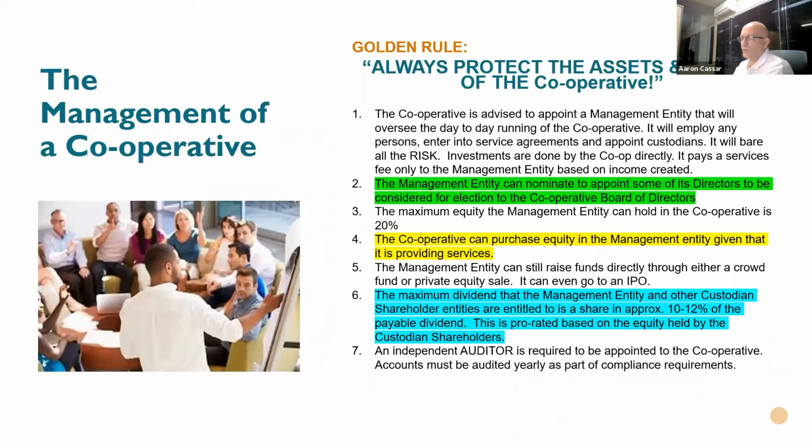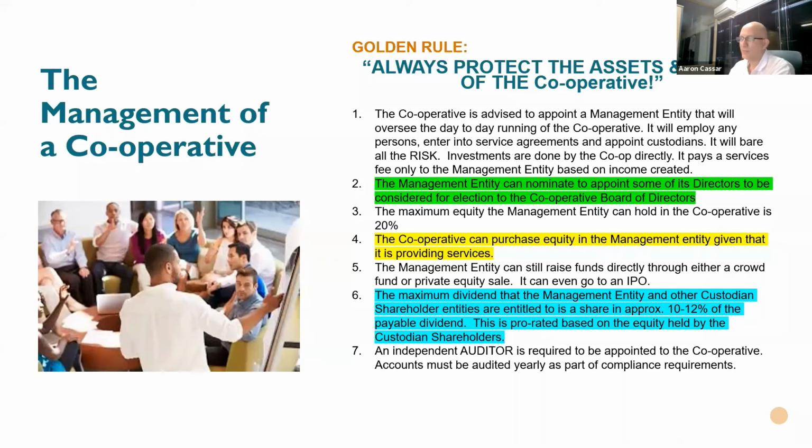So one of the golden rules of the cooperative is to always protect the assets and income of the co-op. So to do this, we elect a management entity that helps run the membership of the cooperative. That membership entity then receives a part of the dividend and a part of the sales. So it takes a percentage of sales, excluding anything that's contributed as capital, to be able to run the cooperative.